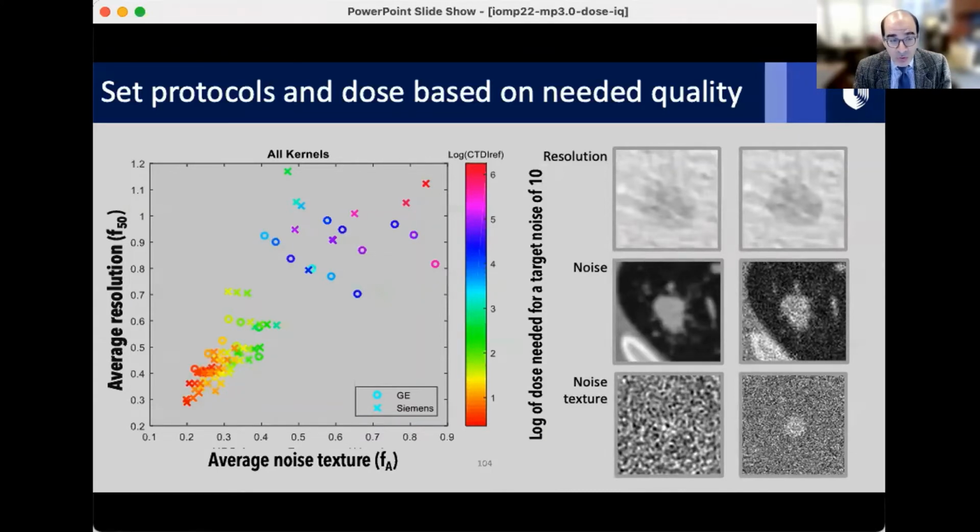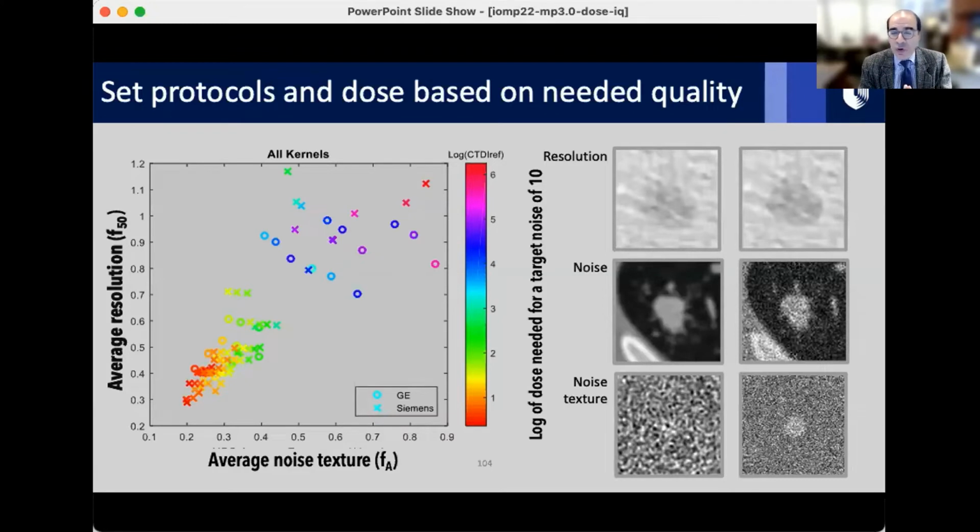We went and measured resolution in terms of a scalar metric of resolution, in this case average resolution, F50 of the modulation transfer function, if you will, across a series of CT kernels for GE and Siemens, two different manufacturers of CT scanners. I put the average resolution on the y-axis.